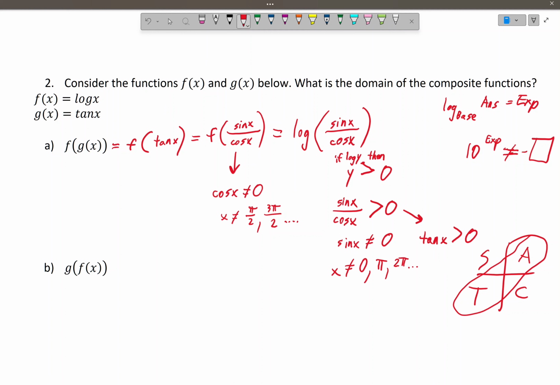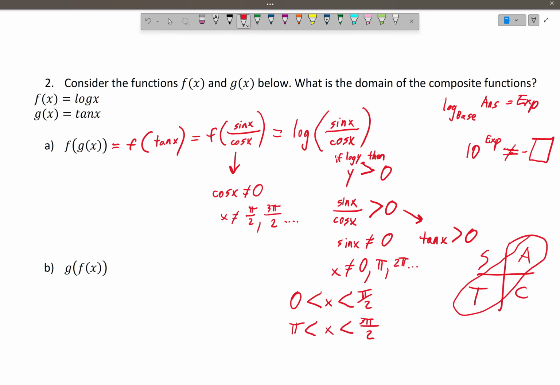But also, because of the tan statement, x is greater than 0 and less than pi over 2. And then also greater than pi and less than 3 pi over 2.